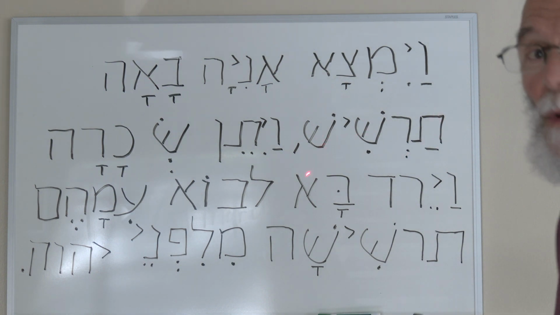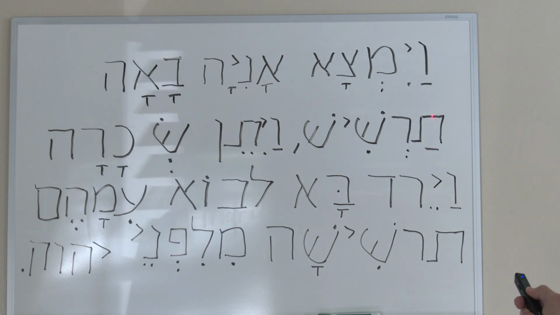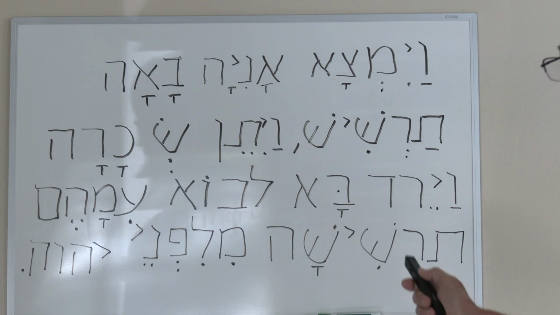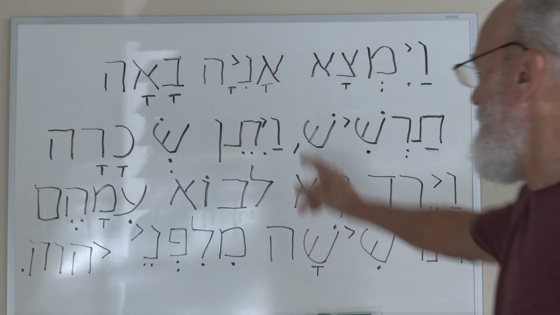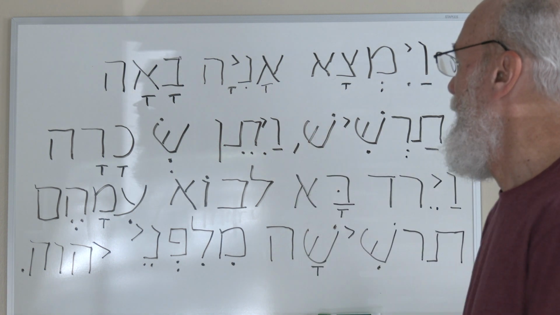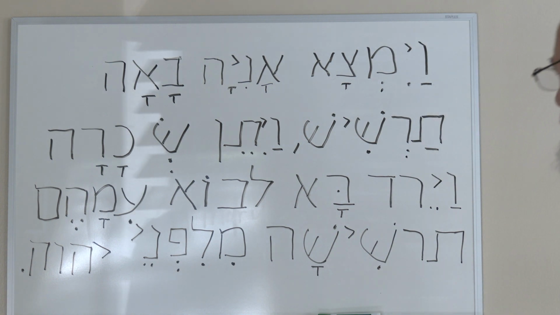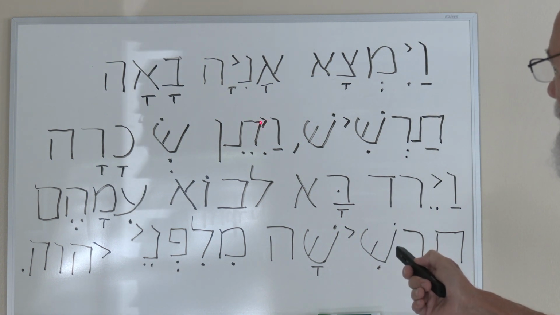Tarshish. We've had this word before, Tarshish. So there it is, taf, resh, shin, yud, shin, Tarshish. He found a ship going to Tarshish. And then we have Vayitain. Okay? So it begins with the vav and the verb here, the yud is a little hard to see. It's right there.